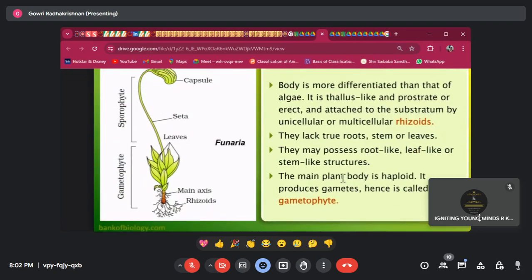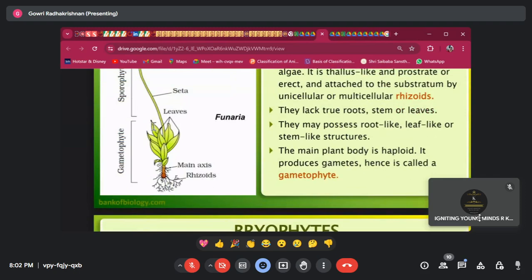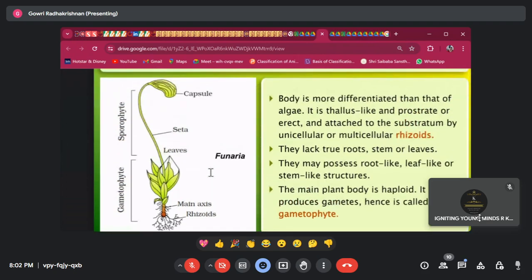Okay, you can see rhizoids here. Main axis, and then these are leaves, and this is seta and capsule. This is a sporophyte. That is the stem-like thing. What you see is a sporophyte, and the leaves and roots, that is the gametophyte.